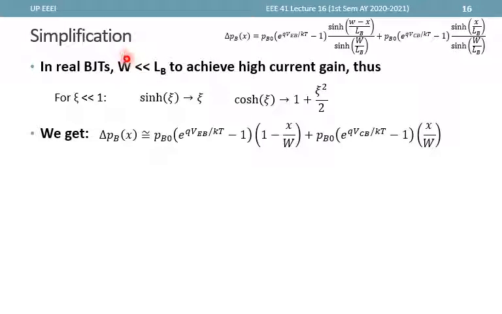Now, if W is much less than LB, then W over LB is a very small number, and the hyperbolic sine of a very small number is approximately that exact number.